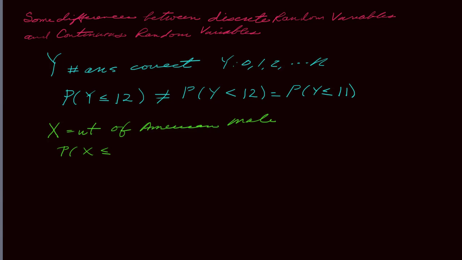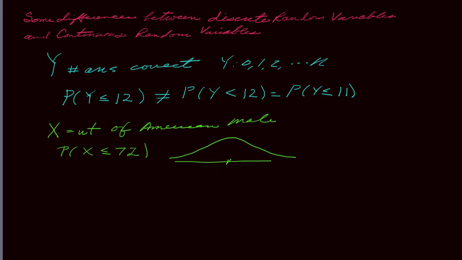Then the probability that x is less than or equal to 72 inches, in terms of the PDF and the definition of probability for a continuous random variable, would be the area under this PDF curve.